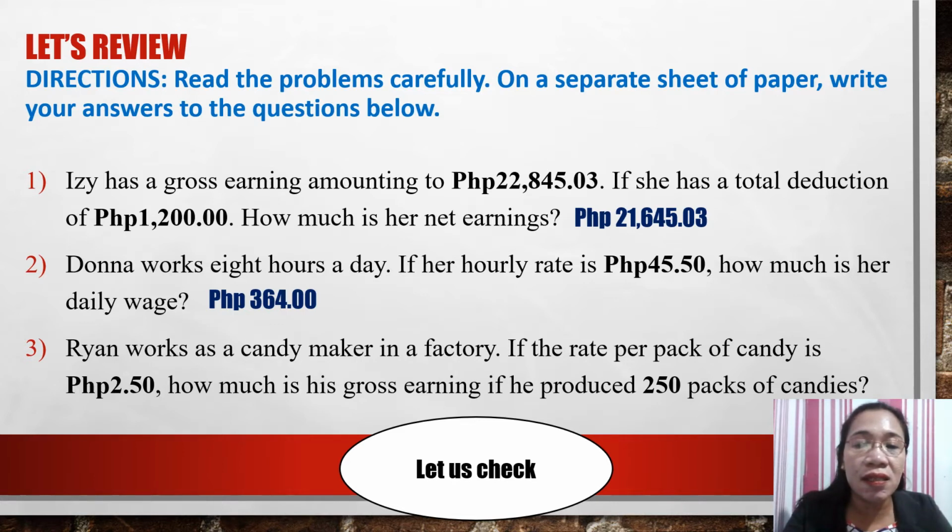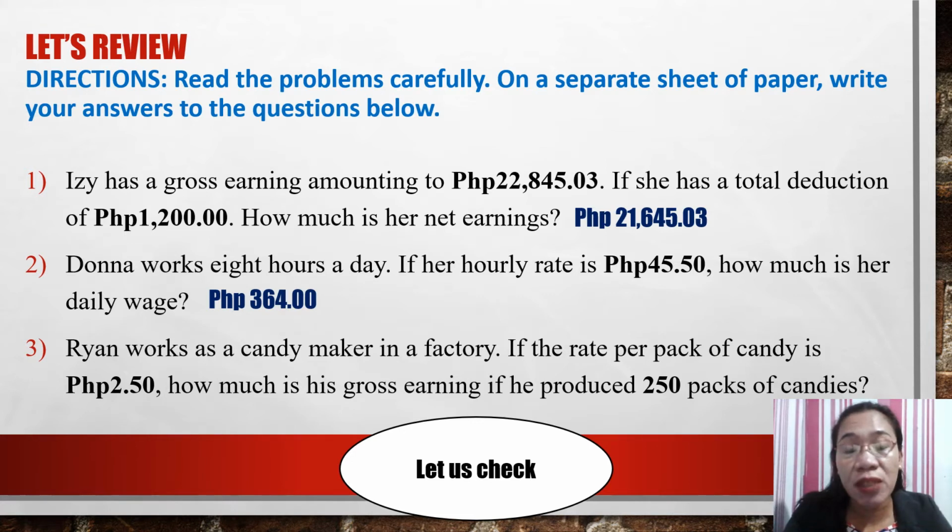Now let's start with number 3. Ryan works as a candy maker in a factory. If the rate per pack of candy is 2 pesos and 50 centavos, how much is his gross earning if he produced 250 packs of candies? How will you answer this?